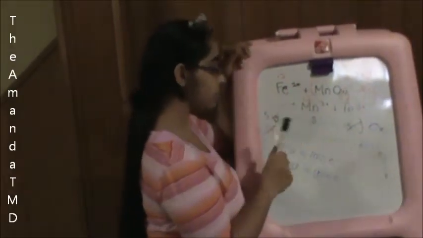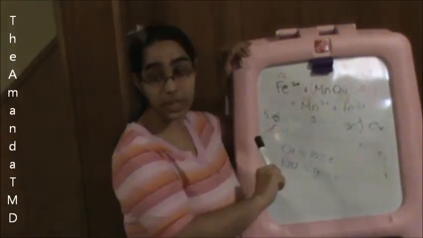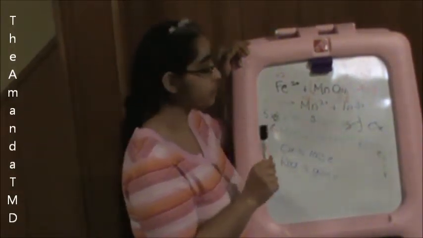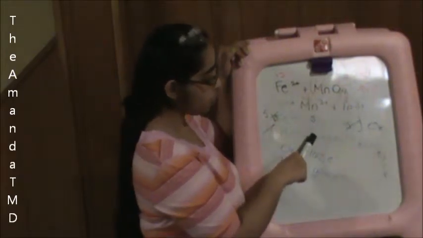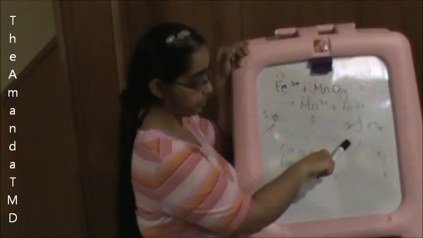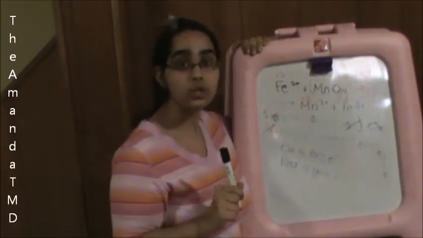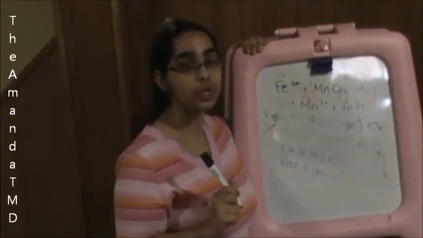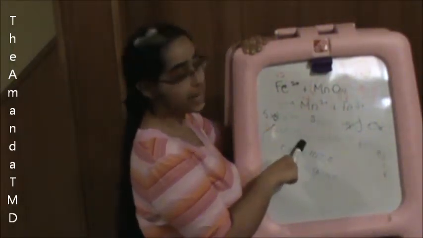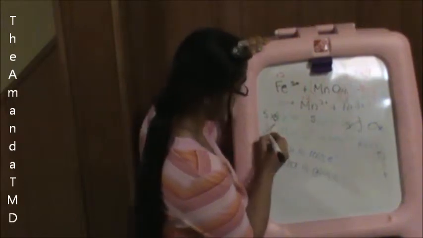Next, writing these half equations, you can also balance your charge. So you have a -1 here and a +2 here. And since this is an acidic solution, you only have positive charges that you can add. So you have to add 3 H+ to my manganese.